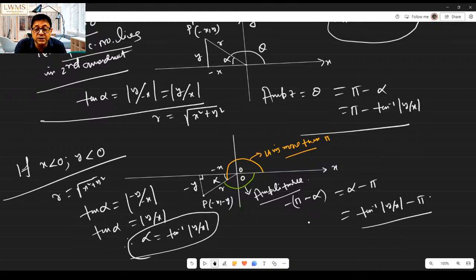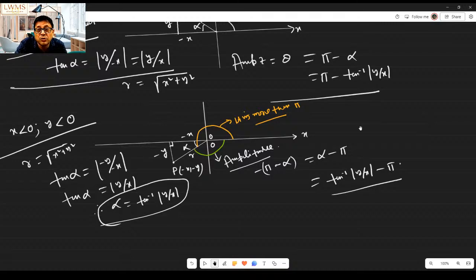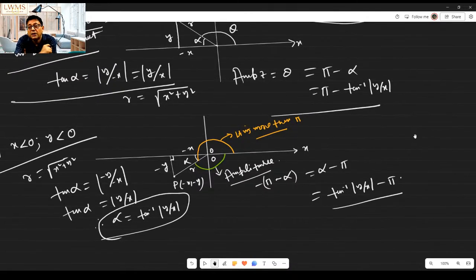So if the complex number lies in the third quadrant, then it will be tan inverse mod y by x minus pi. What is its value in the second quadrant? Second quadrant, pi minus tan inverse y by x. Third quadrant, just opposite, tan inverse y by x minus pi. Remember this thing. Now let us go for the fourth quadrant.